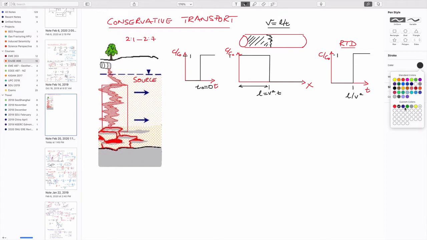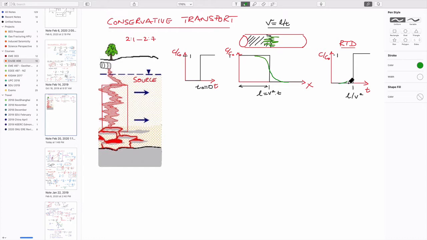We know that is not completely true, because even if we give this step function behavior, if it's dispersive, it will be a muddled front, because there will be some fast pathways and some slow pathways that allow this fingering to occur.